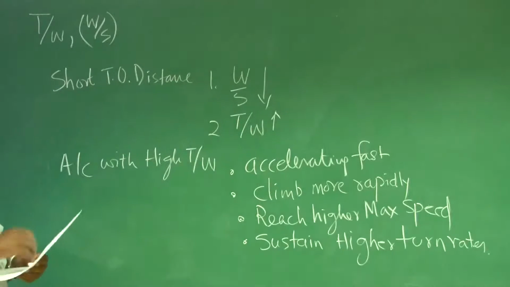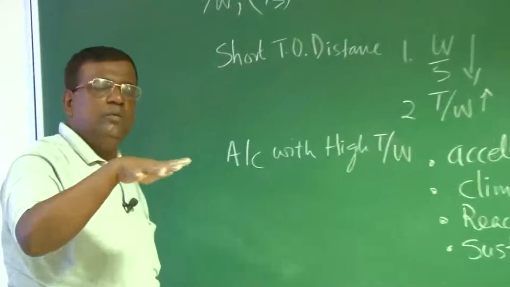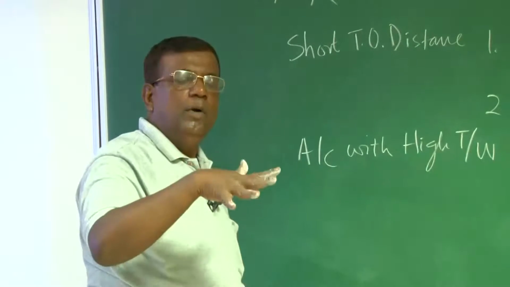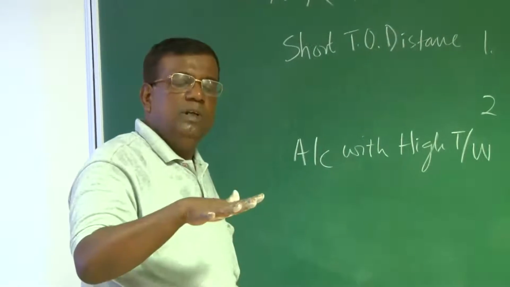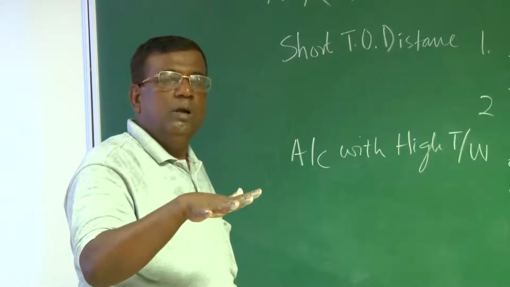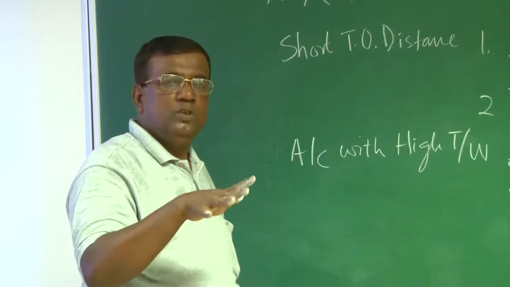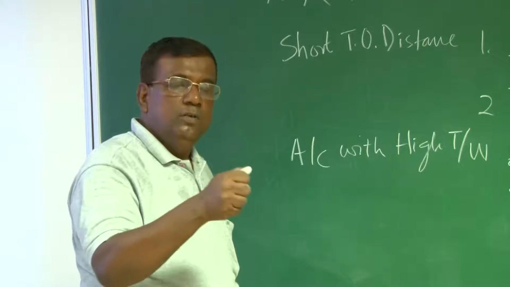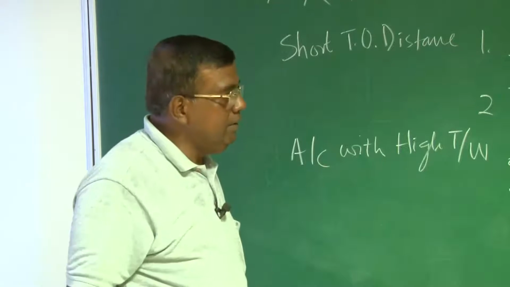So obviously, if you want to turn, you have to bank, and when you are banking and turning, the moment you bank, it will lose the height. So you have to increase the speed, because you may not be able to increase the angle of attack. It may touch the stall. You have to increase the speed, so you should have enough thrust available, right?